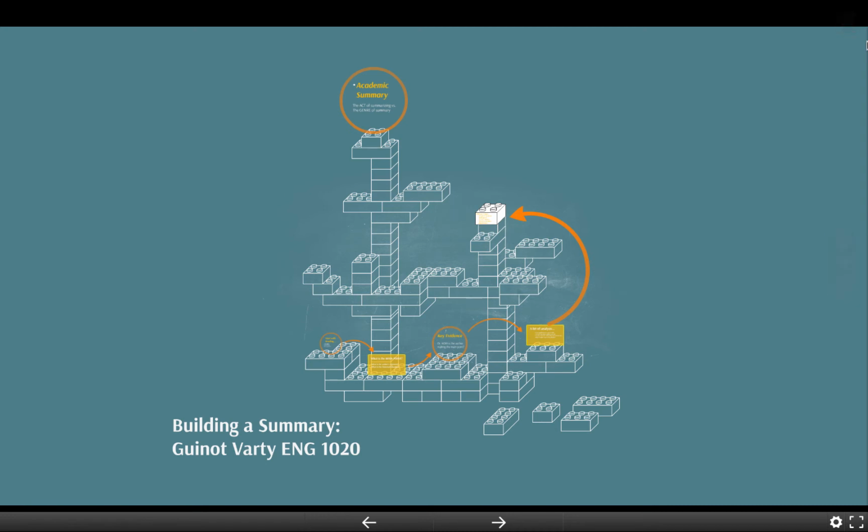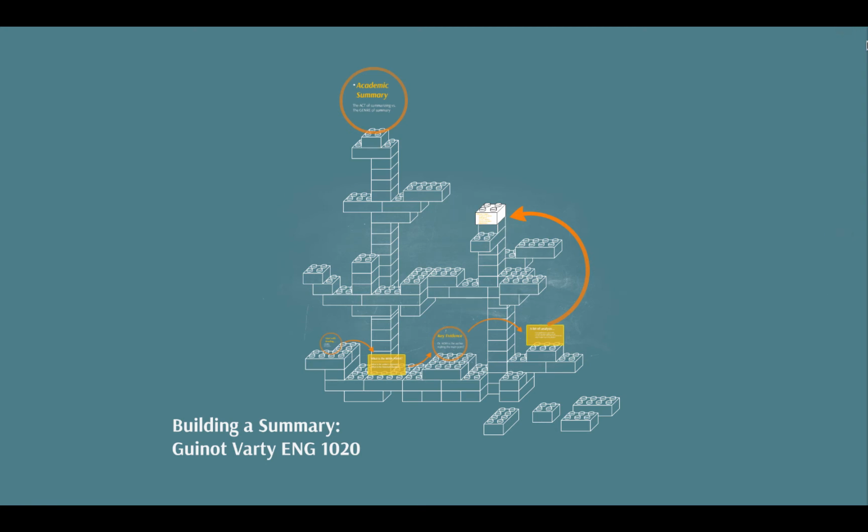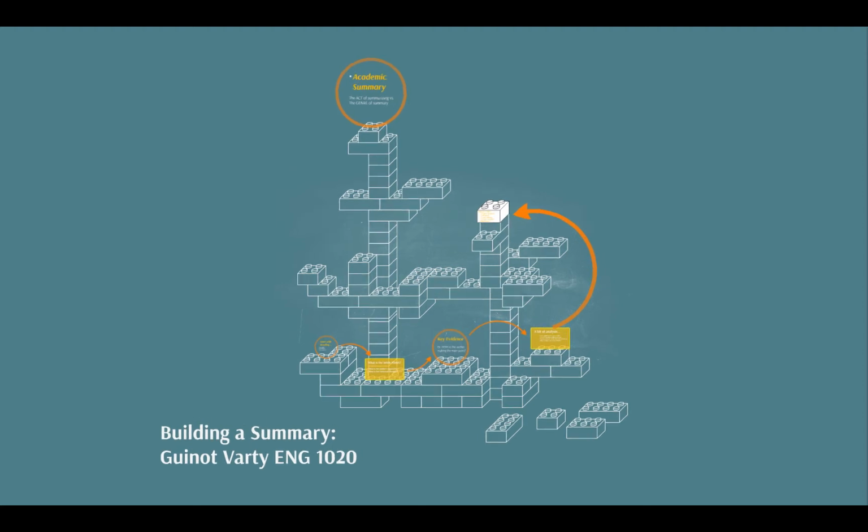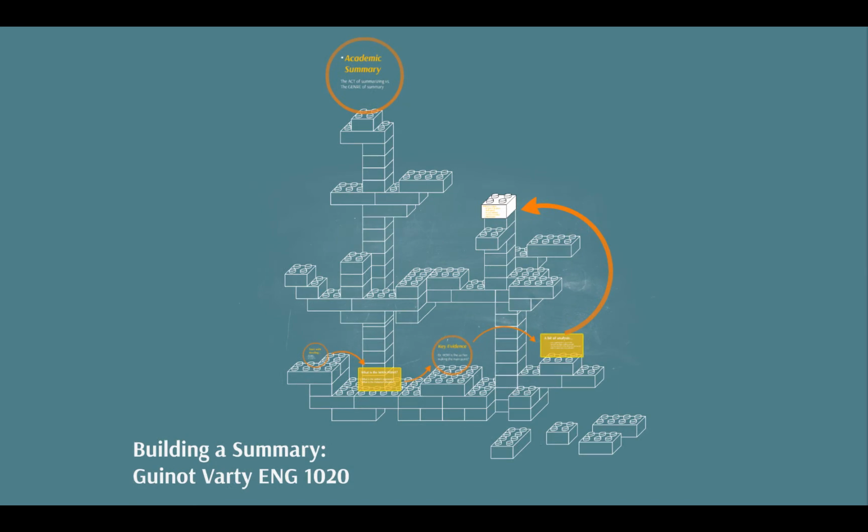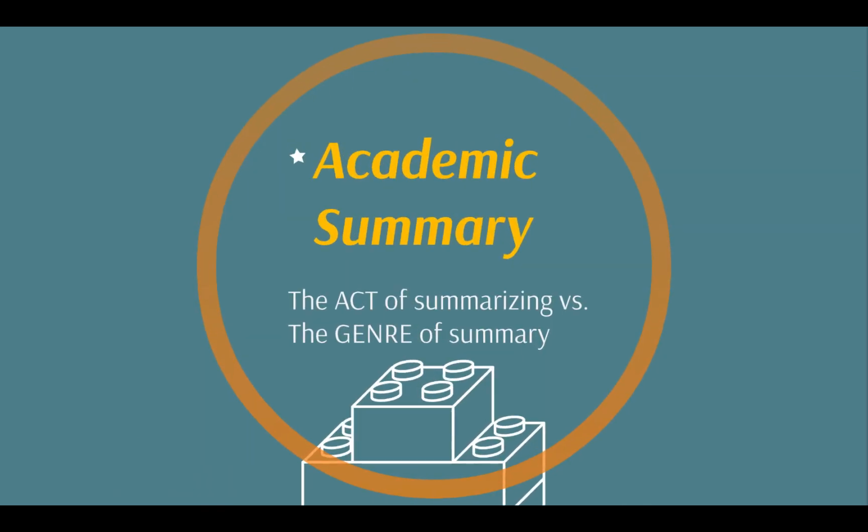Okay, so our little vid today is a quick overview of writing an academic summary. So when we talk about academic summary, the first thing I want to do is make a distinction between the act of summarizing versus the genre of summary. As we've talked about briefly, genre is a funny little French word which means literally type or sort.